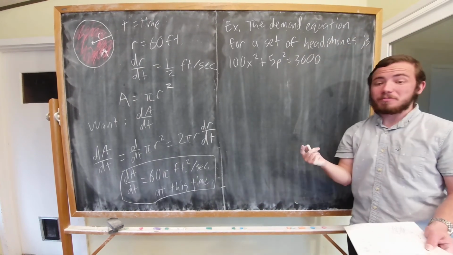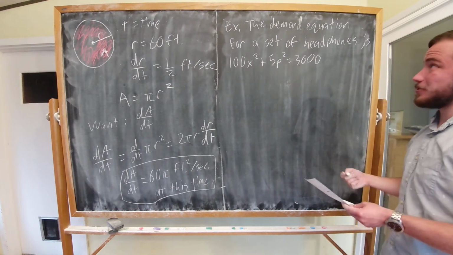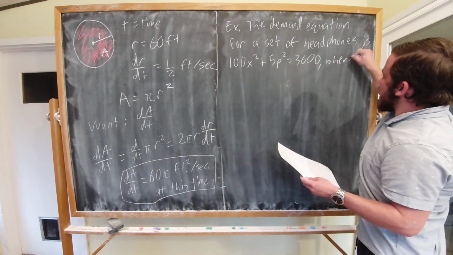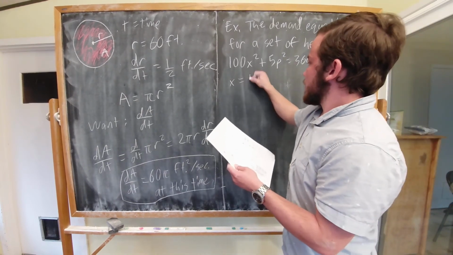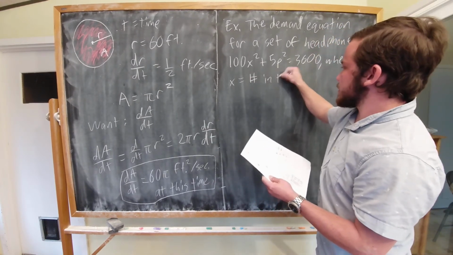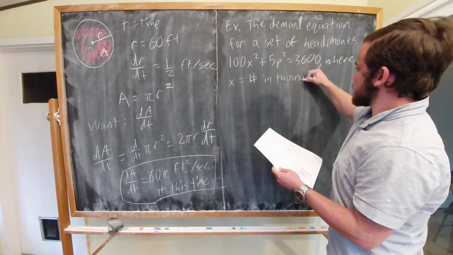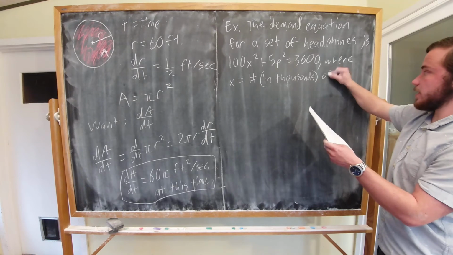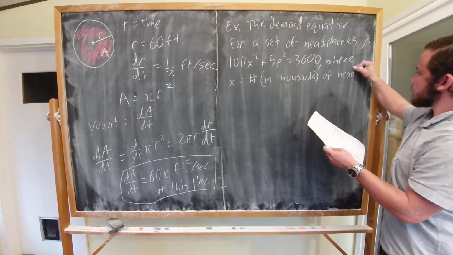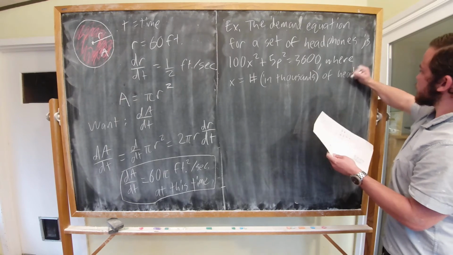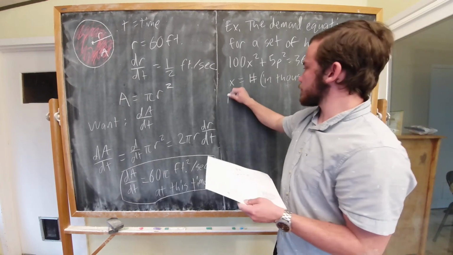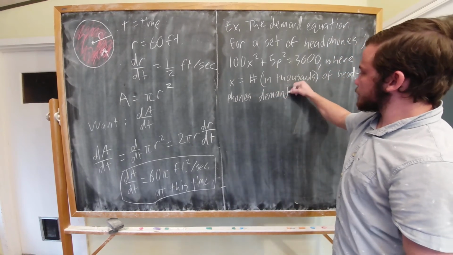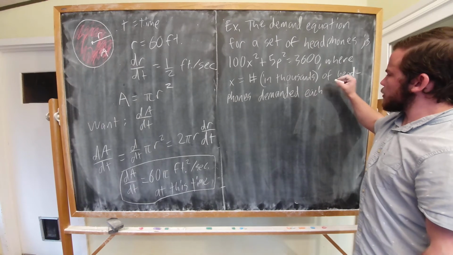Alright, they gave us an equation, so thankfully we probably won't have to draw a picture, which is good because I wouldn't know how to draw a picture for that. Where x represents the number in thousands of headphones demanded each week, when the unit price is p.